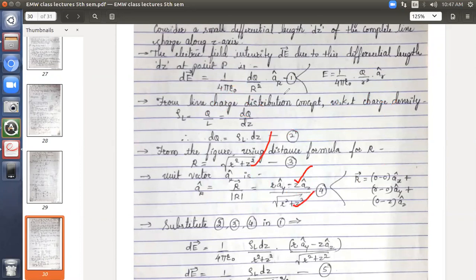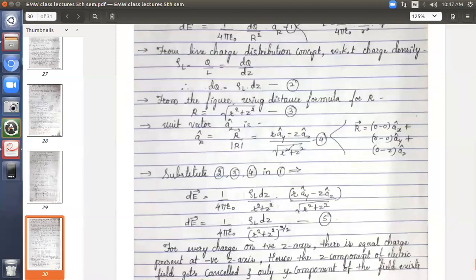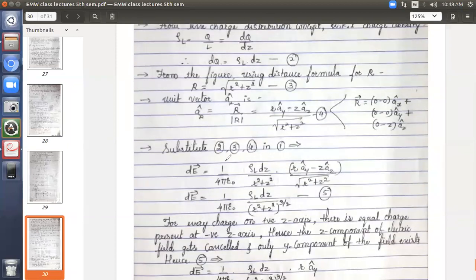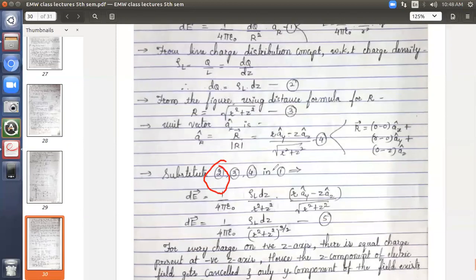So these are the three values we got, the unknowns 1, 2 and 3. You simply substitute all three unknowns in equation 1. If you put them in equation 1, what will you get? dE is equal to 1 by 4 pi epsilon naught, dq is rho L into dz. Then in the denominator, the square root will go, and only this much will remain, and this is your unit vector.